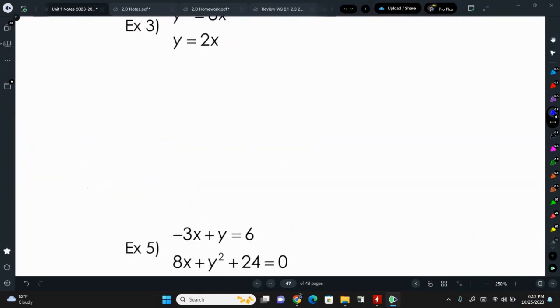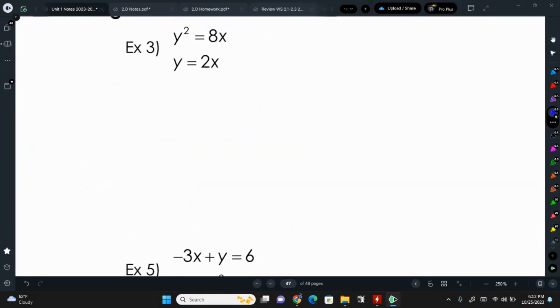Then example 3, we have y squared equals 8x and y equals 2x. Well, the second equation, we already have y equals something. So we can substitute that in for y in the first equation. Now it's important to realize that it's y squared. So when we substitute that back in, it's going to be 2x squared equals 8x.